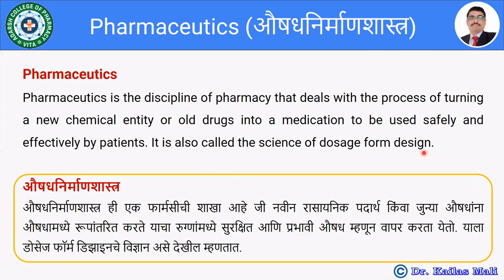So simply, pharmaceutics is the discipline of pharmacy that deals with the process of converting any drug, any chemical entity, any new compound or old drug into the medication which is to be used safely and effectively by the patient. That is known as pharmaceutics.